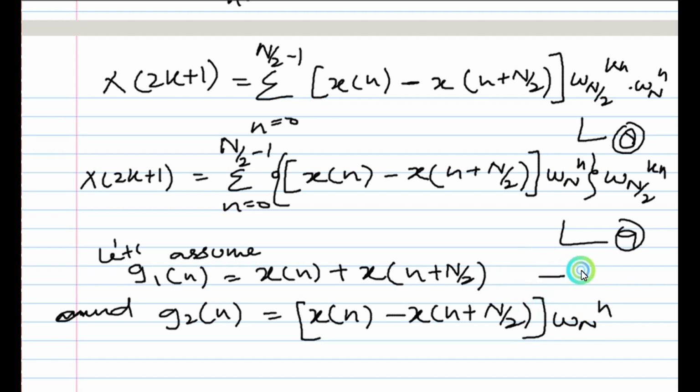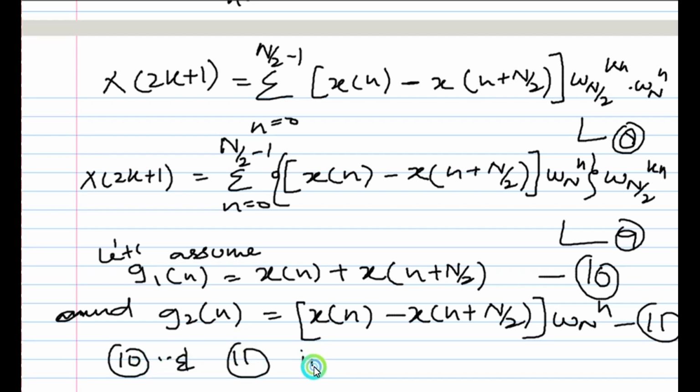Okay, so this is 10, this is 11. I will substitute 10 and 11 into 7 and 9.